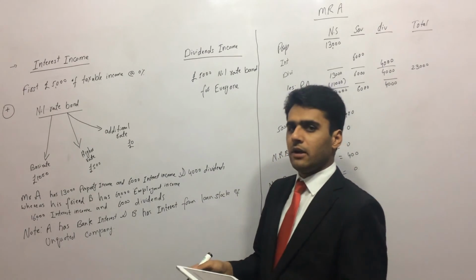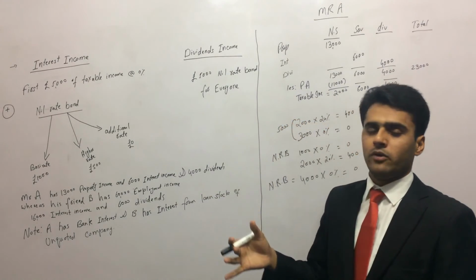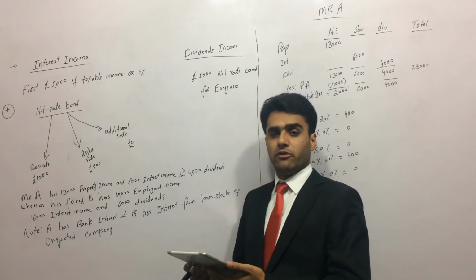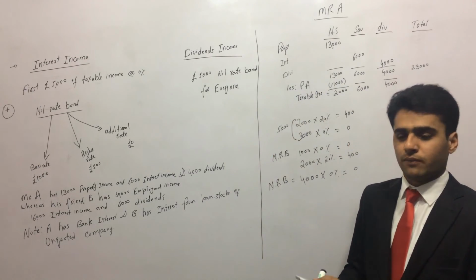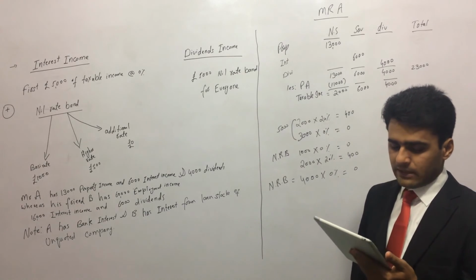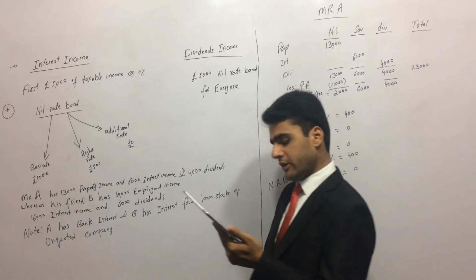So up to £5,000 he will pay tax at the rate of 0%, and the remaining £1,000 he will have to pay tax at 32.5%, because he is a higher rate taxpayer.